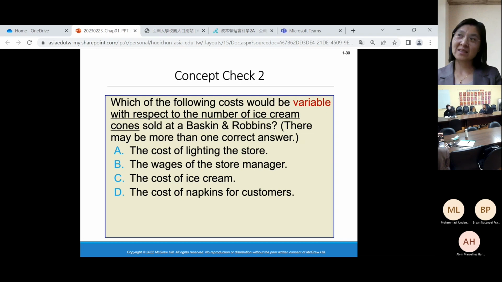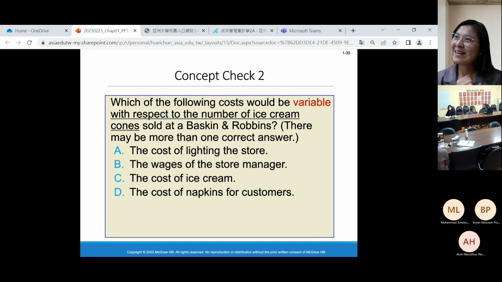Maybe that's direct material because you are selling ice creams. So ice cream is your direct material. If I buy one scoop of ice cream, you only incur one scoop of cost.